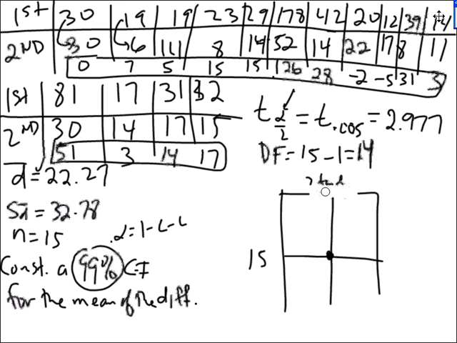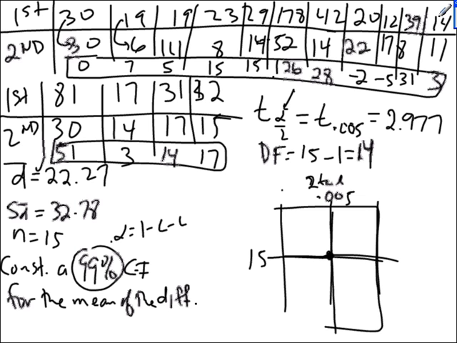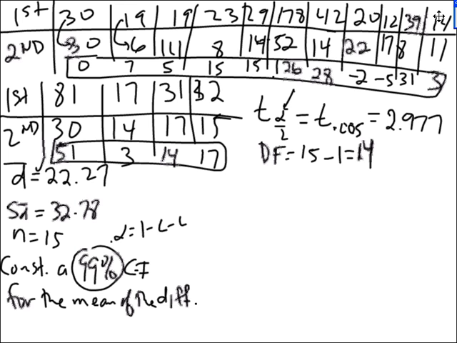So in the chart, you go to two tails, 0.005, and you look across at 15 because that's the degrees of freedom. And right here is where you're going to find 2.977. So that's the t value, that's t alpha over 2.